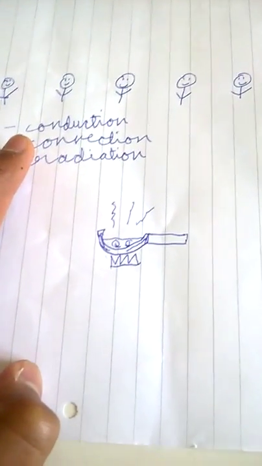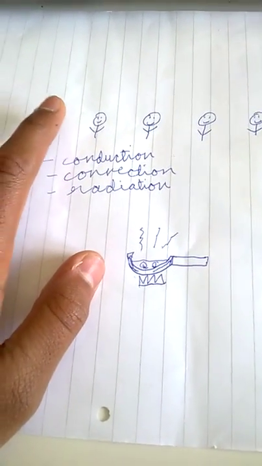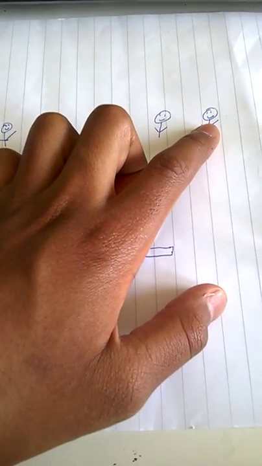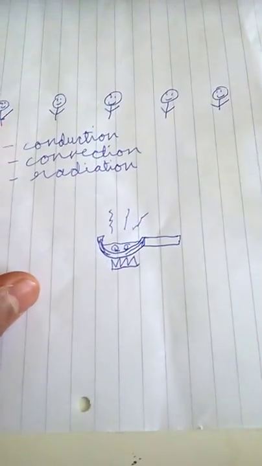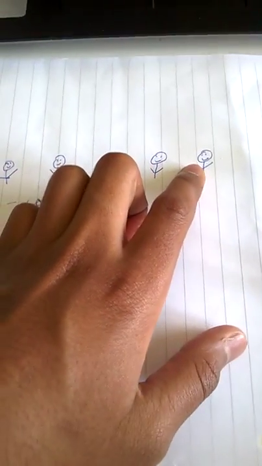The second type of heat transfer is convection. Convection is also the slowest type of heat transfer. In this, the boy gets up, moves around the class, and gives the pencil to the other boy. So the atom moves around, hits or collides with another atom, and gives its energy to the other atom.